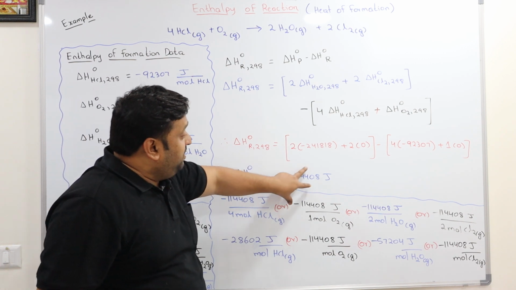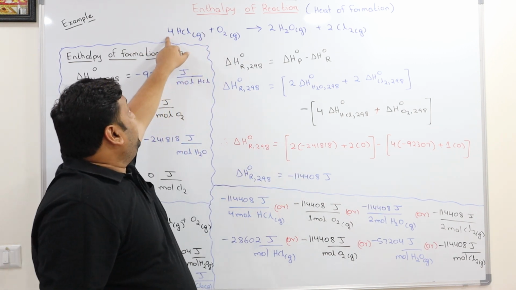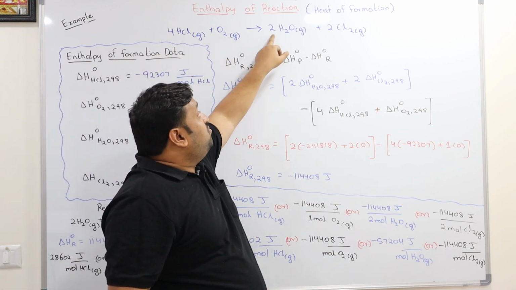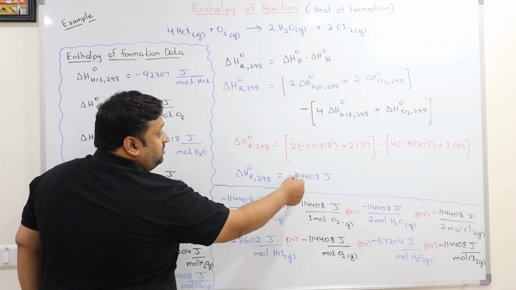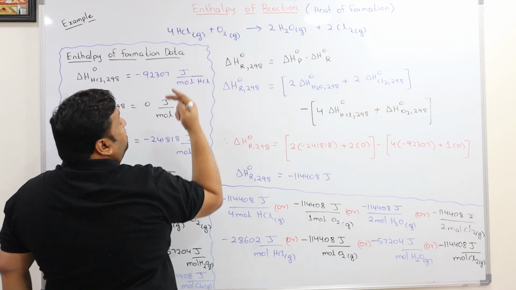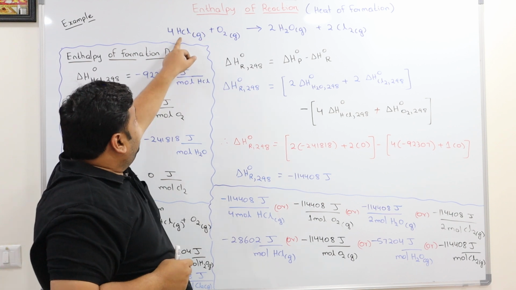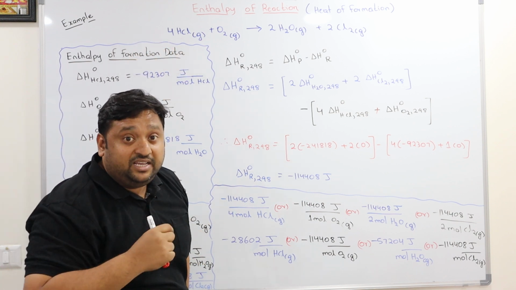This is the enthalpy of the reaction for 4 moles of HCl and 1 mole of oxygen reacting, giving rise to 2 moles of water and 2 moles of chlorine. So you have to divide this enthalpy accordingly. In terms of HCl, for every 1 mole of HCl that reacts, how much energy is released?